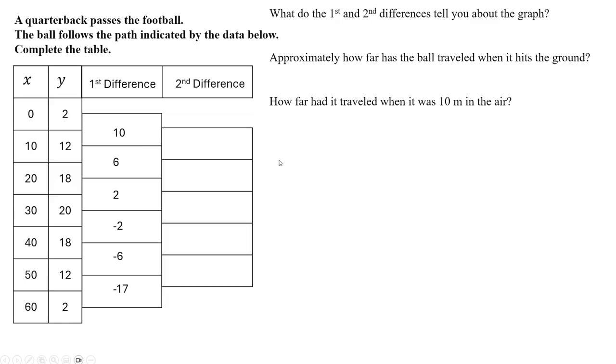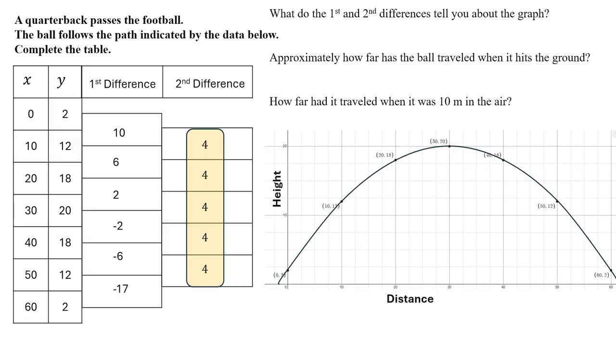6 minus 10, 2 minus 6, negative 2 minus 2. As you can see, all of the second differences are the same. And this tells us that we have a quadratic relation. And there's our graph.